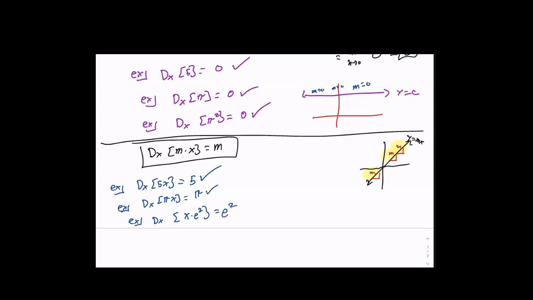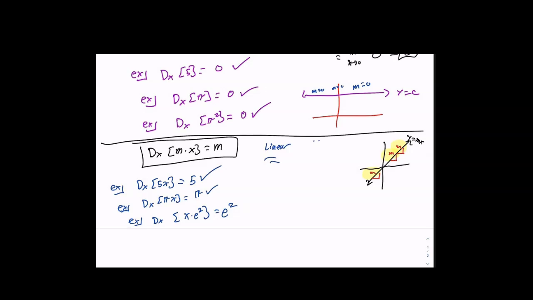E squared is still a constant, but this is what we call a constant multiple. In all of these ones, these are all linear.